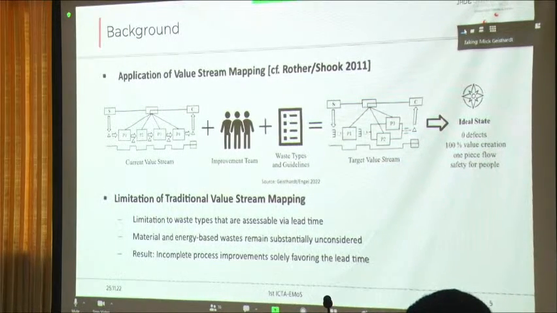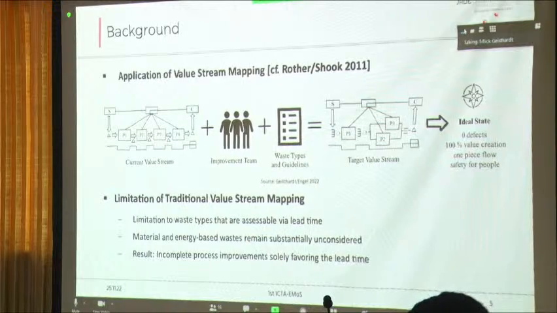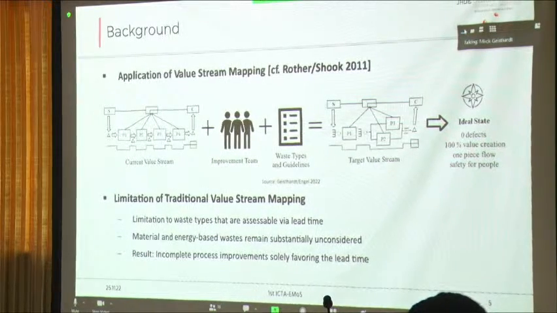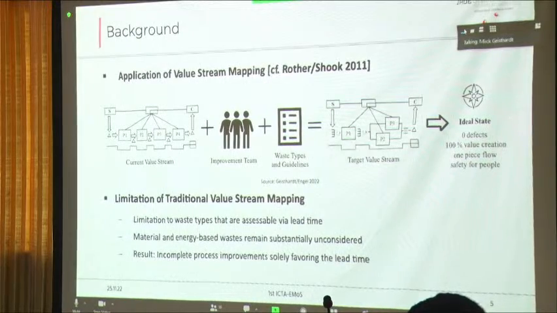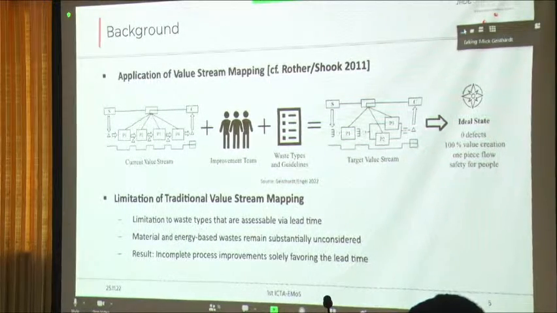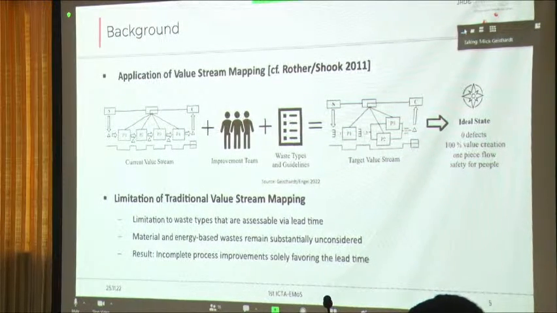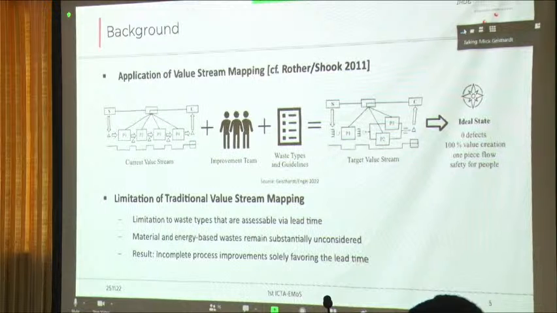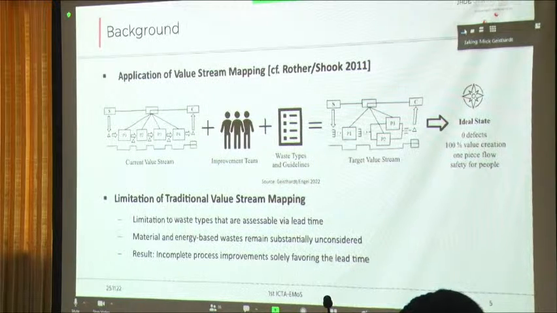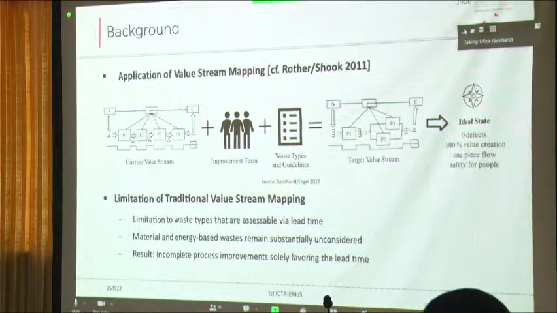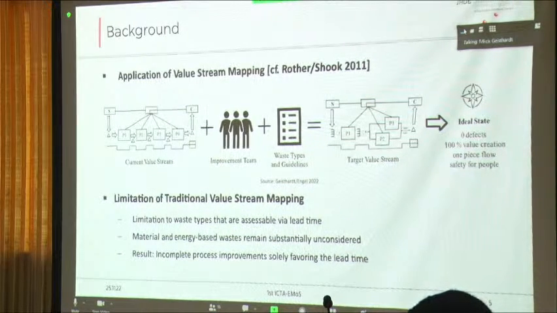After the current situation is mapped, the improvement team uses the 3Ms. 3Ms is originating from the Japanese Muda, Mura, and Muri, which basically represent the classic wastes like transport, inventory, unnecessary movement, uneven utilization of capacity, or even overloads.